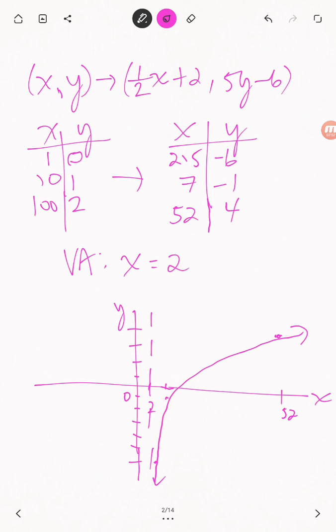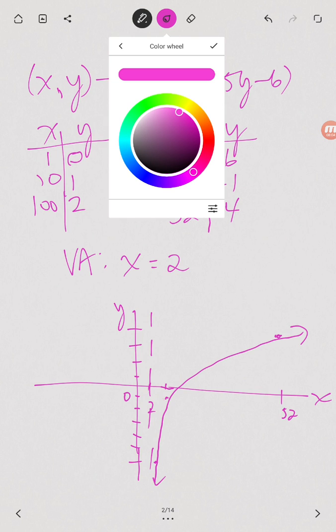Okay, so my transformed function looks something like that, and you should always just look at it, make sure that it makes sense. My vertical asymptote has been moved over 2 units to the right. Let me just get a different color so I can highlight this for you.